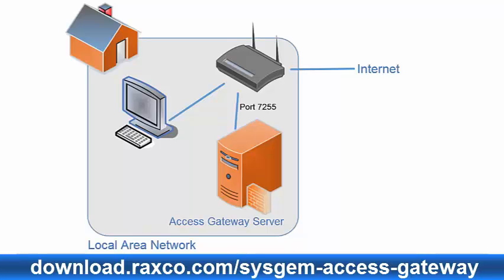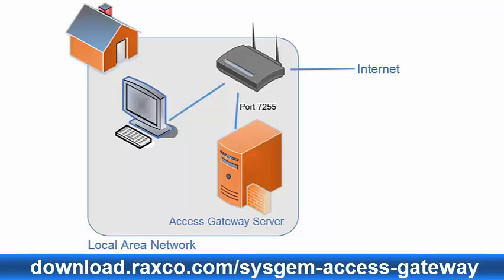sent to it. But please note that in the unlikely event that the port number conflicts with one already being used by another application, then the access gateway port number can be reassigned. For your understanding, setting port forwarding for a self-hosted web server is exactly analogous to what is required for the access gateway.